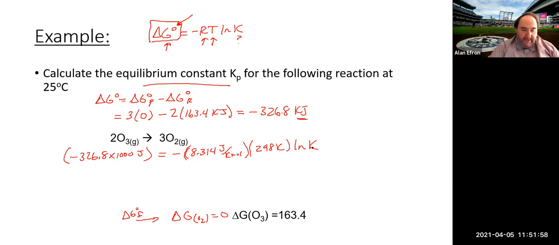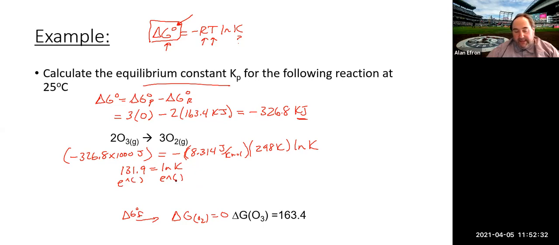And if you do all that, 326.8 times 1,000 divided by our 8.314 and divided by our 298, that's going to give us something like 131.9, which is going to equal the natural log of K. To get rid of the natural log, we need to take the e of both sides there.